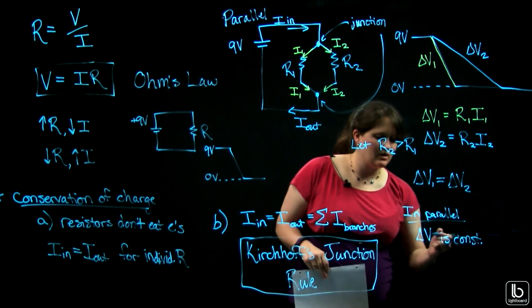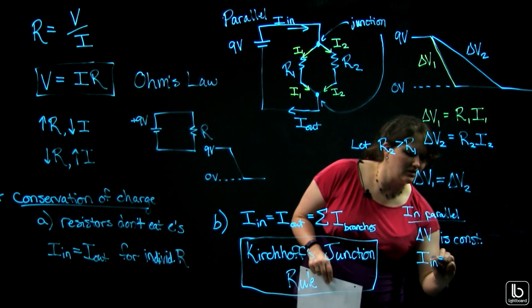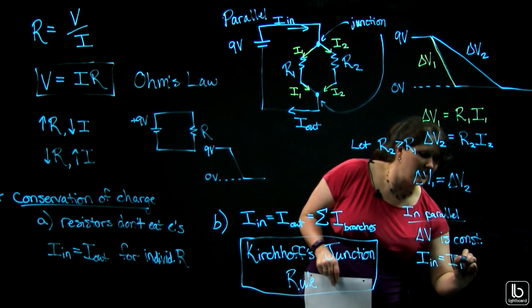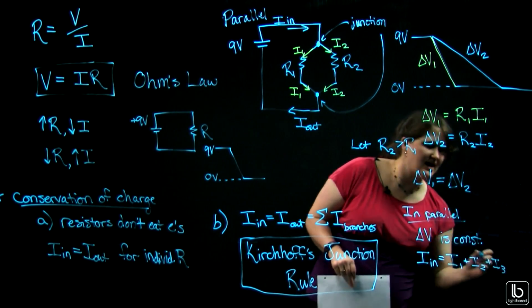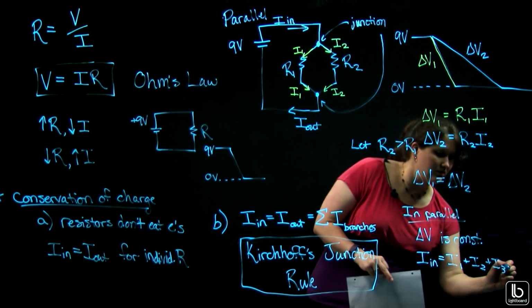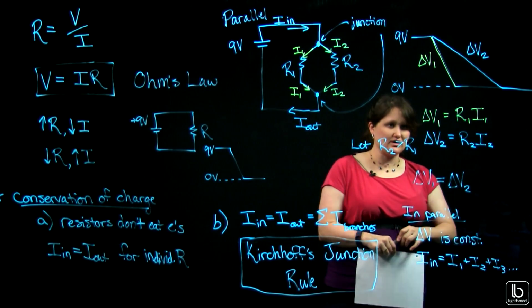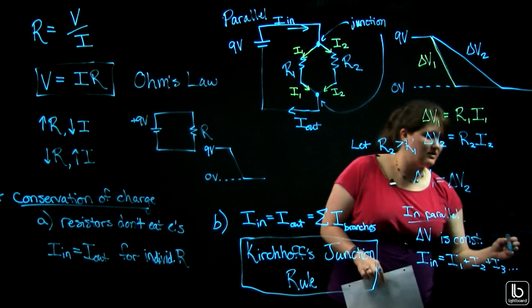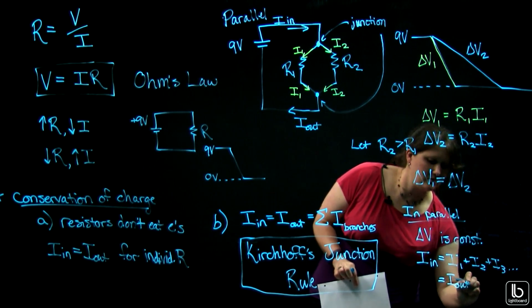So in other words, my current in equals I1 plus I2 plus I3, however many branches with resistors I have. All of those currents are going to sum. And again, this equals I out.